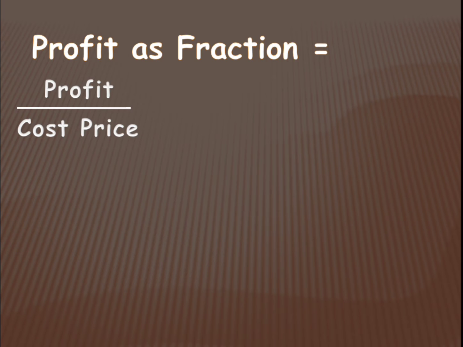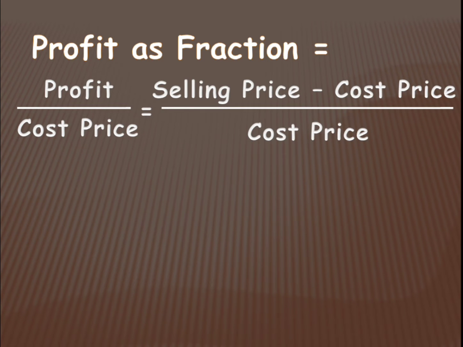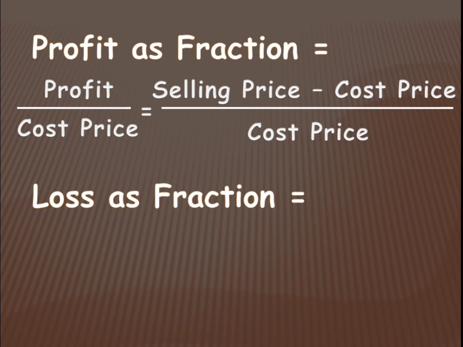So if they have not given the profit directly, you have to use the formula of profit in the numerator, that is selling price minus cost price, and the denominator will be the same, cost price. Okay, children?